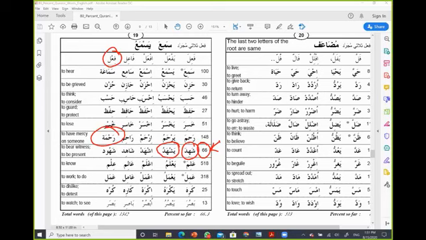So yashhadu, witnessing, whether it's in the present or in the future. Now the imperative form of it is ishhad. You've got to witness. Now you're giving him an order that they must be there to witness.